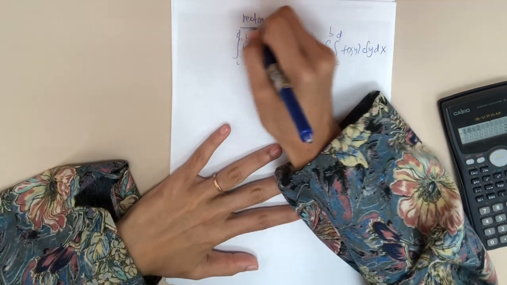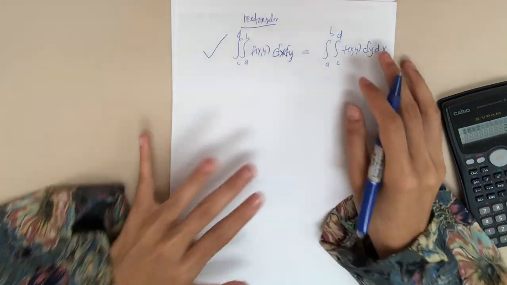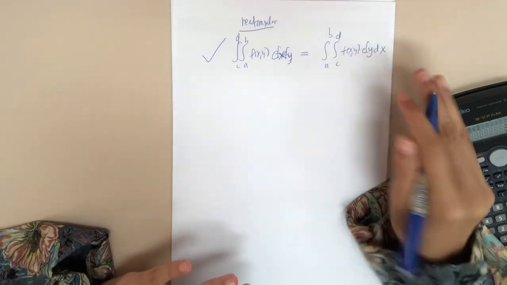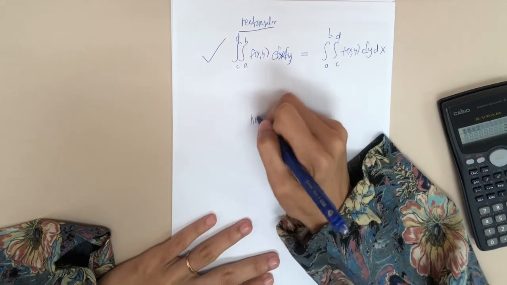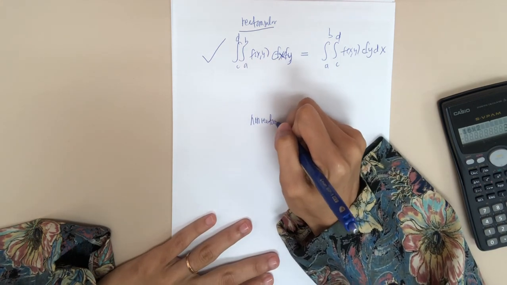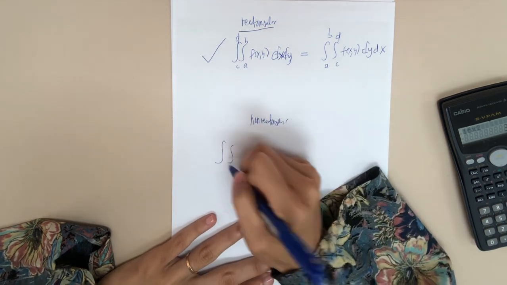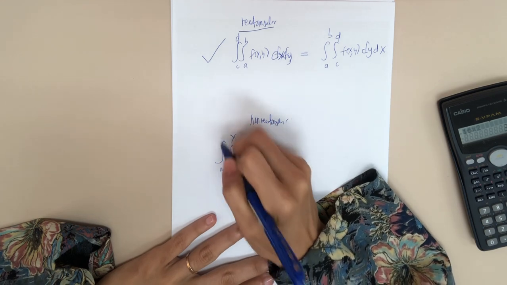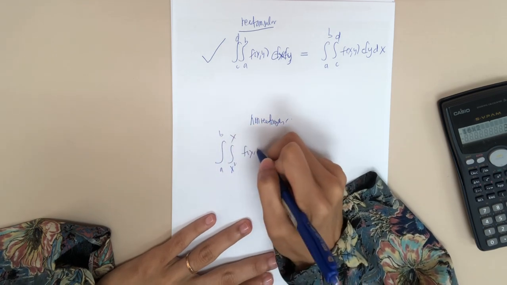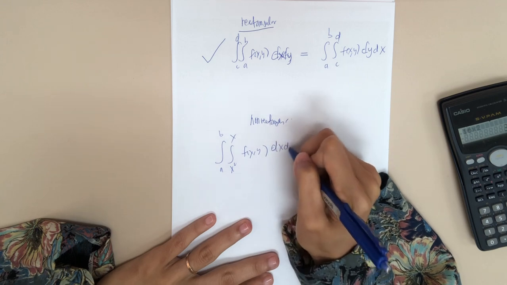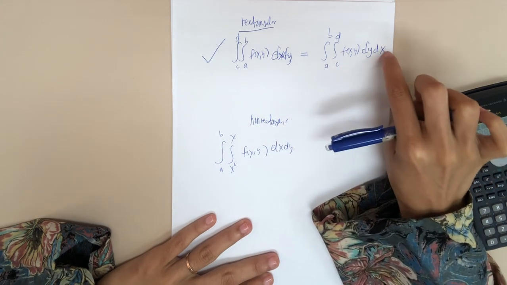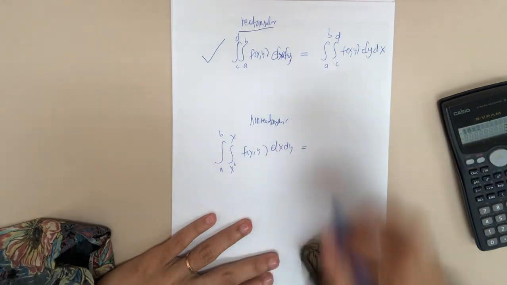Okay, this one is for rectangular, so it's okay if you want to change the limit, but for non-rectangular, you can't solve it this way. You can't solve it like the rectangular just now.